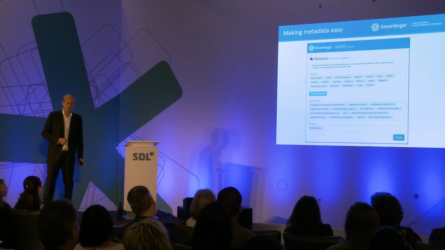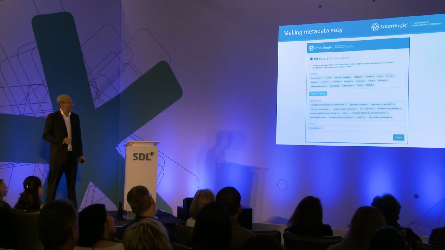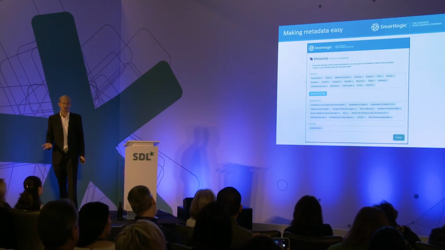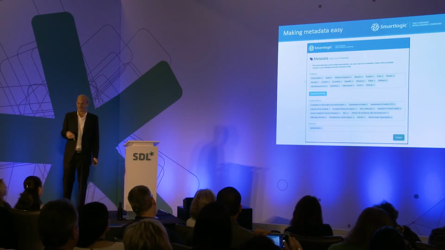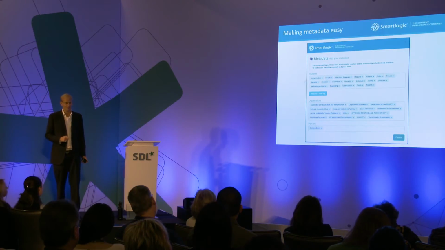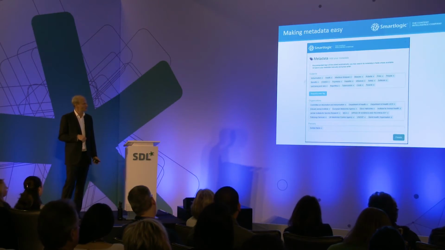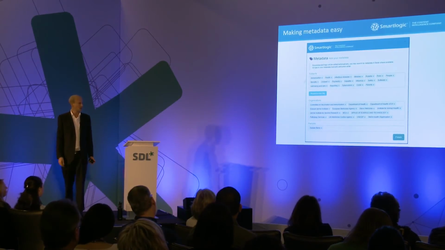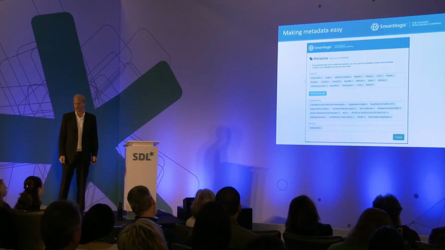So you have no consistency. The other thing is that over time, you'll want to change your taxonomies. And if your taxonomies change, you don't want to have to go back to all those users and say, do you mind going back and re-tagging all of that content you tagged before? So if you can do this in an automated fashion, then every time you change your taxonomy, you can just press a button and reclassify the content.